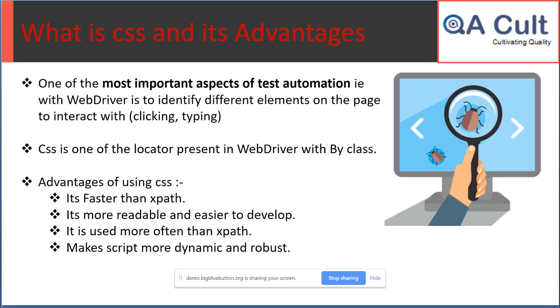Of course, there are other locators also like ID, name, class, and XPath, but CSS is one of the better techniques for finding the web element. I will tell you why. It is faster than XPath, more readable and easier to develop, and more often used than XPath, and it makes your script more dynamic and robust.